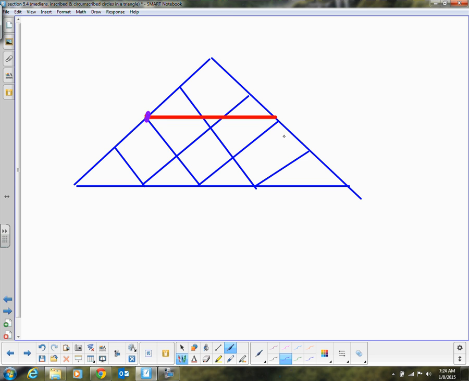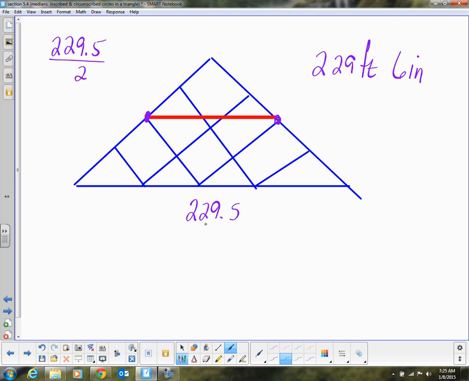And this is a mid, making the red a mid segment. So how do you take 229 feet 6 inches into a decimal? Right, because 6 inches is half a foot, correct? So the question is, well, how long is the segment? White segment. What do you do? It's the red one. 229.5 divided by 2 because it takes 2 red segments to equal the parallel side.